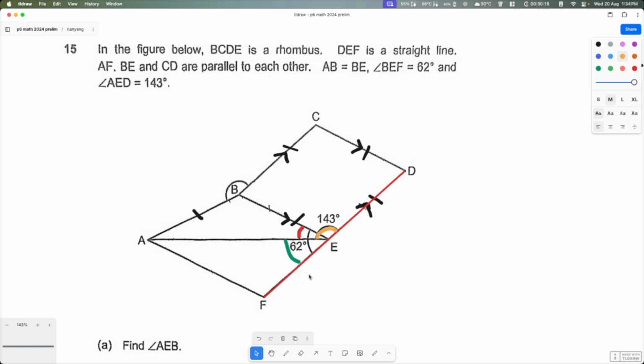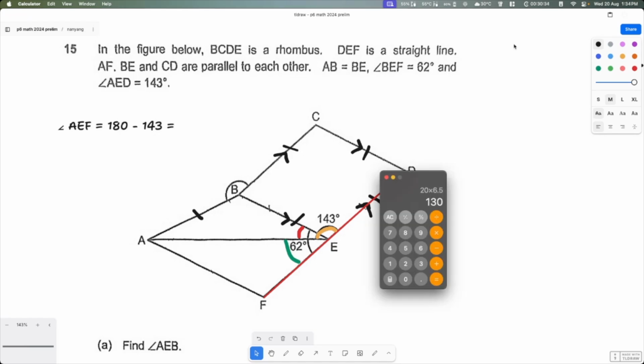We want to get angle AEF. AEF is equal to 180 minus 143, and this will give us 37 degrees.